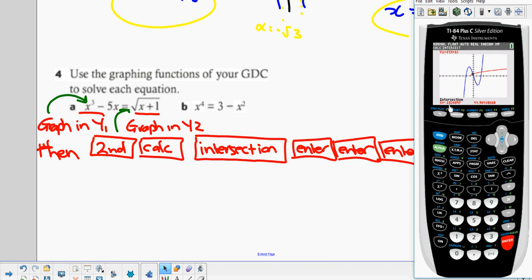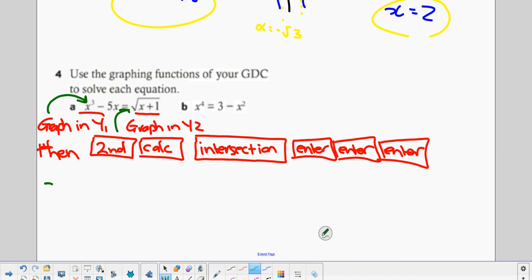Where are my answers? Down here. So I wrote it unrounded first, in case you need the unrounded later to do something.